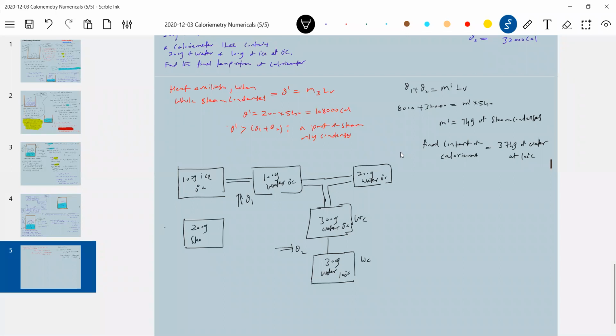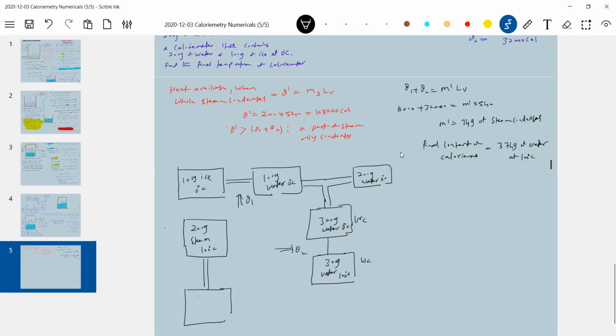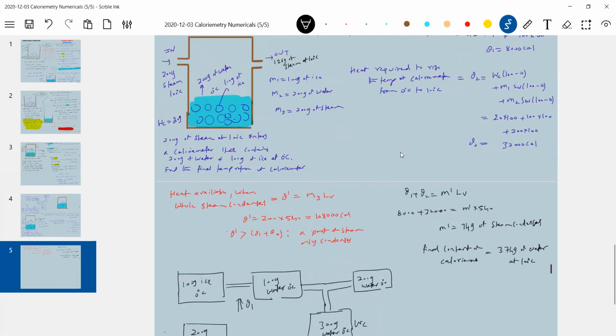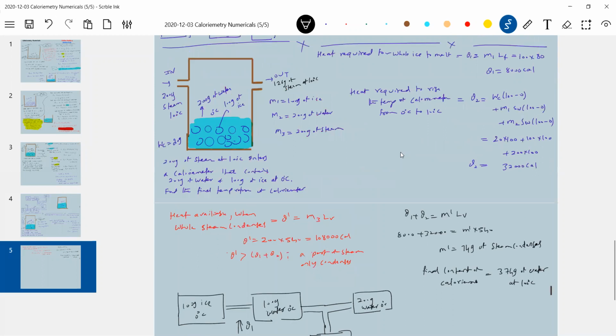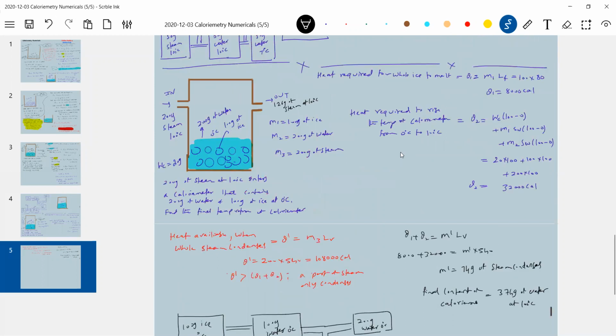200 gram of steam at 100 degrees Celsius. So it will become how much? 126 gram. So 126 gram. So some steam will condense, no?